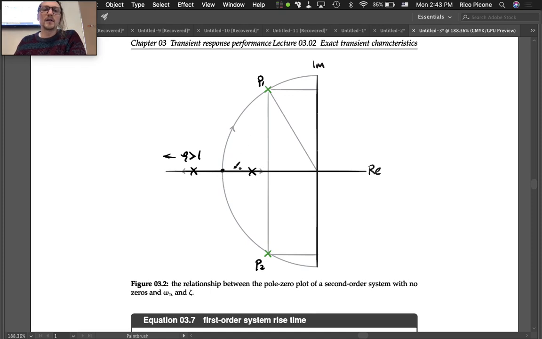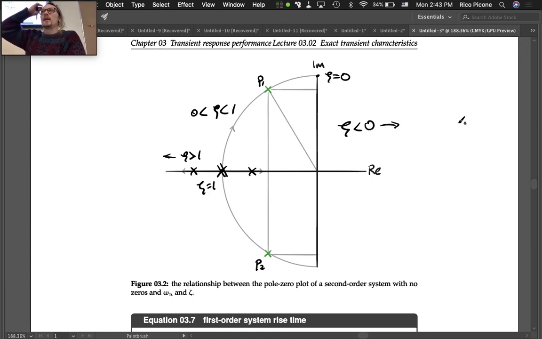If it's critically damped, we have a double pole at this branch here, which is zeta equals 1. And then if you decrease the damping, so this would be zeta between 0 and 1 along this arc, all the way up to zeta equals 0 here, no damping. And if zeta is negative, then we have an unstable system, right?